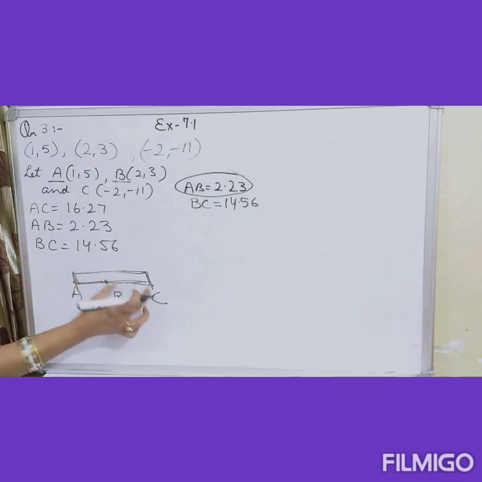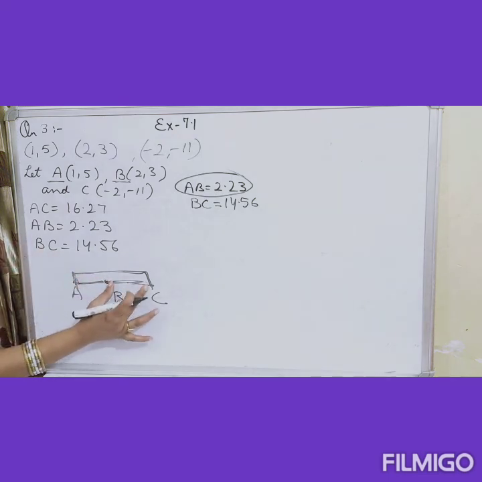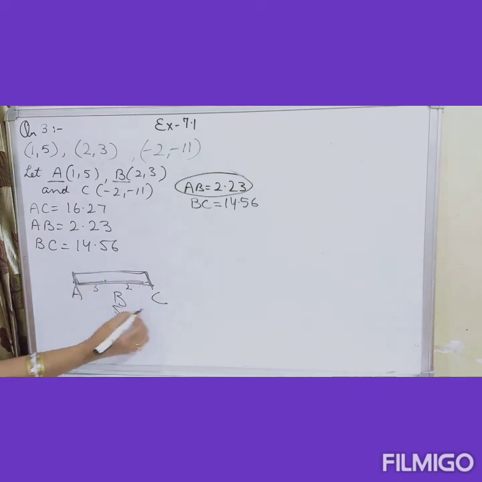AB plus BC should be equal to AC. If all 3 points are collinear and form a straight line, these two smaller distances must be equal to AC. Suppose one is 3 and the other is 2, then it must be 5. Otherwise, they will not be collinear in any condition.